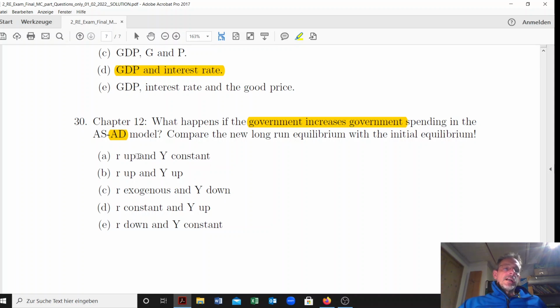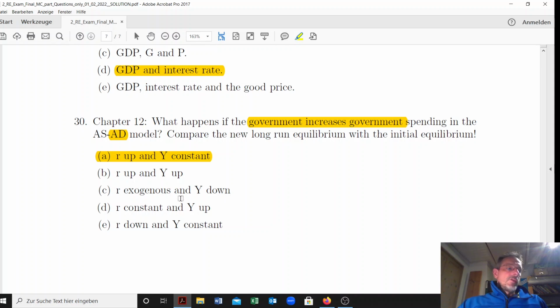So it could be answer A or answer E. GDP is constant in case a demand shock occurs. And here, we talked a lot about the interest rate induced crowding out effect. So the interest rate is up and GDP is constant.